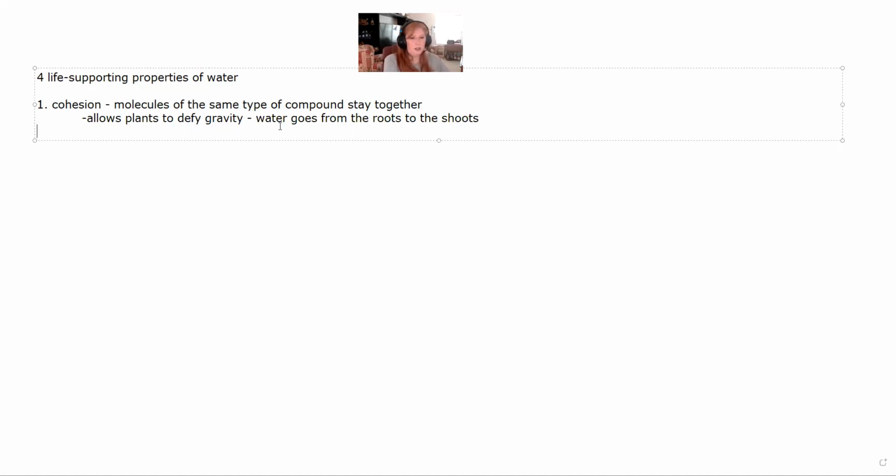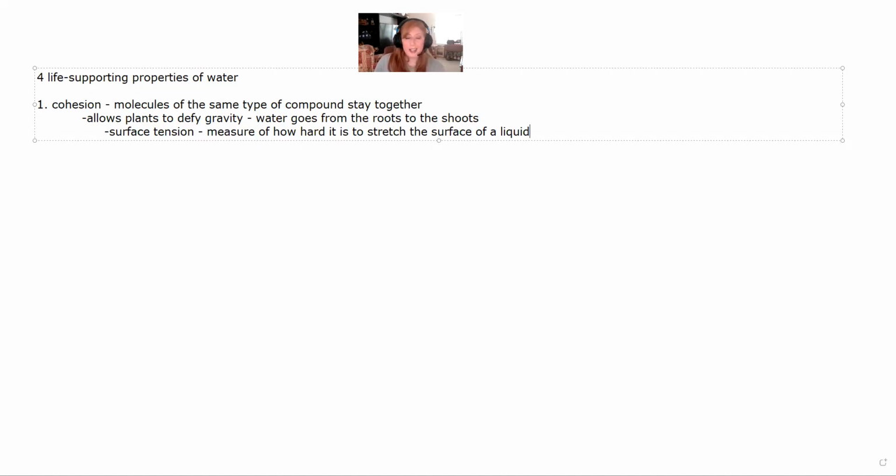Cohesion has this other property called surface tension. Surface tension is super similar, except this is specifically a measure of how hard it is to stretch the surface of a liquid. Basically meaning how far can you stretch it before it separates, until that cohesion is broken.